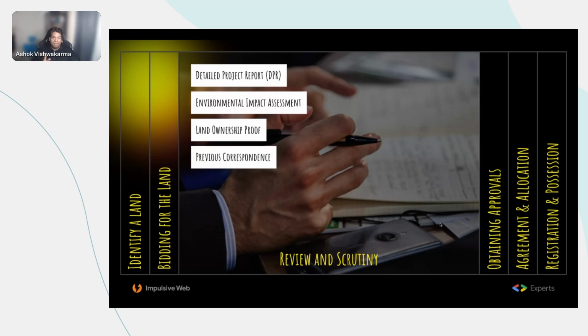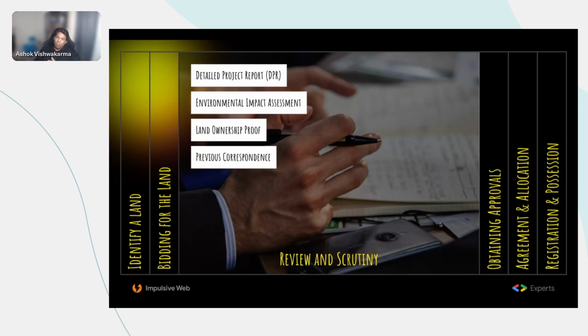Do they have land ownership proofs throughout the chain? Because in India, land ownership is a little bit tricky. There should be a whole history of ownership, of people buying and selling the land, and any specific correspondence they have had throughout the process.